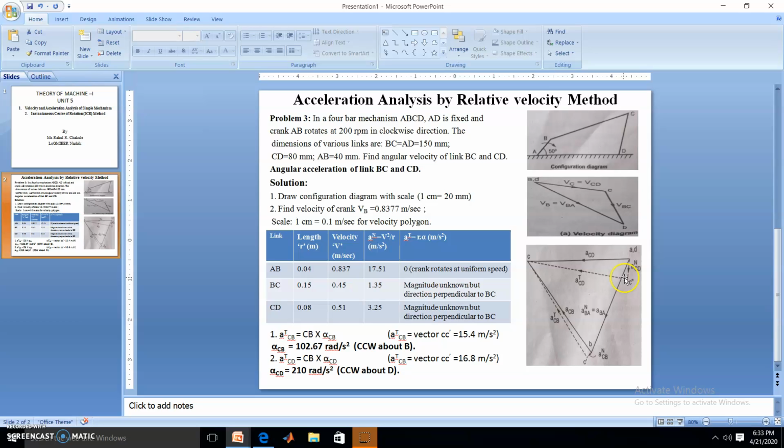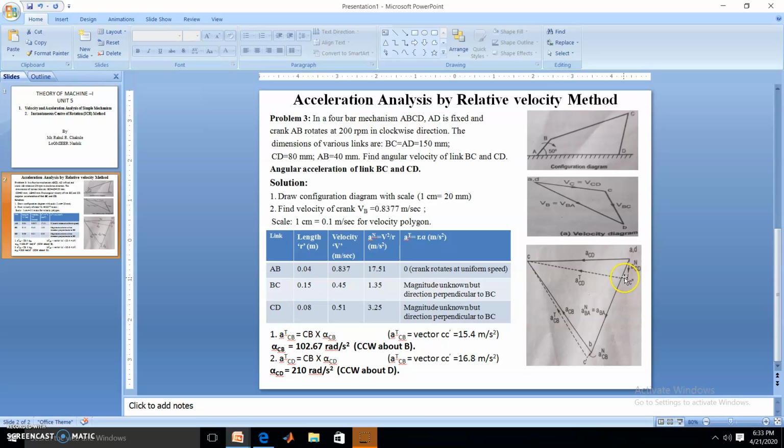From B, the next link is BC. You draw the normal component. For link BC, the magnitude you can easily find from the table. It is 1.35 centimeter divided by scale is equal to the magnitude, and the direction is always towards the center of rotation.